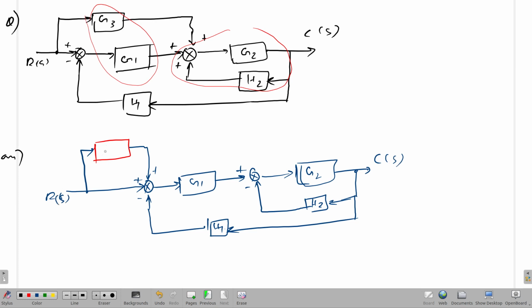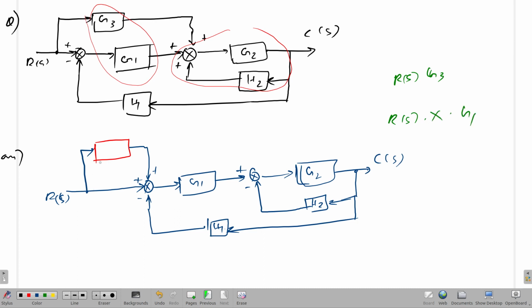So what will be the value here? When you are considering the signal here, what is coming here is R of S into G3, right? R of S into G3 is coming here. But whatever is coming here will be R of S into something X into G1, right?